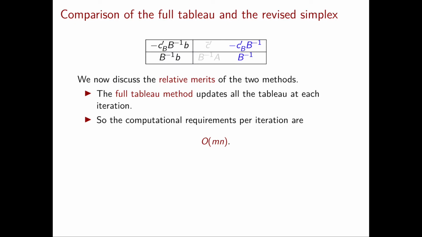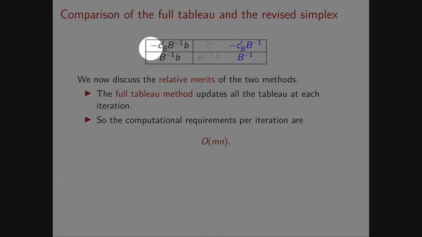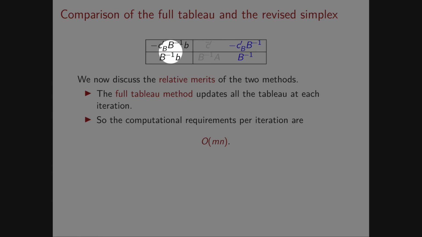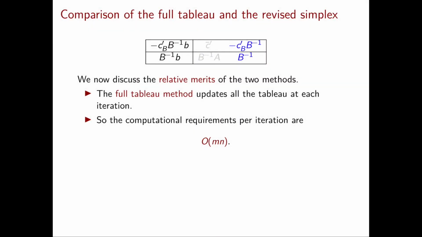At this point, we have visualized both the full tableau implementation and the revised simplex method using this extended tableau, and we can discuss the relative merits of the two methods. So now we can use this extended tableau to understand once again how many operations per iteration are performed both in the full tableau implementation and in the revised simplex.